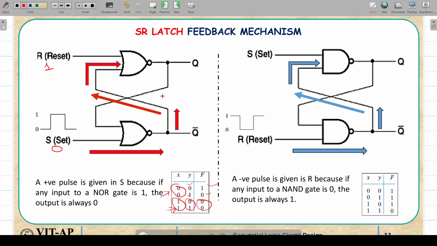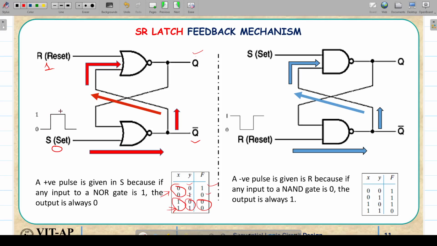Before we proceed, one thing you need to notice in a latch or flip-flop, which we are going to learn in future videos, is that there will always be two outputs: one is Q and one is Q complement. Depending on the requirement, either output can be used. But a flip-flop output is valid only if Q and Q bar give different, complemented outputs.